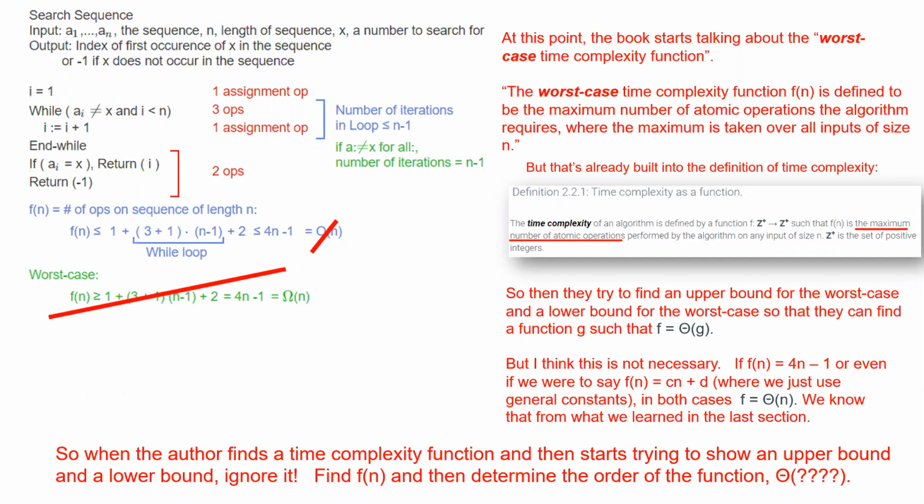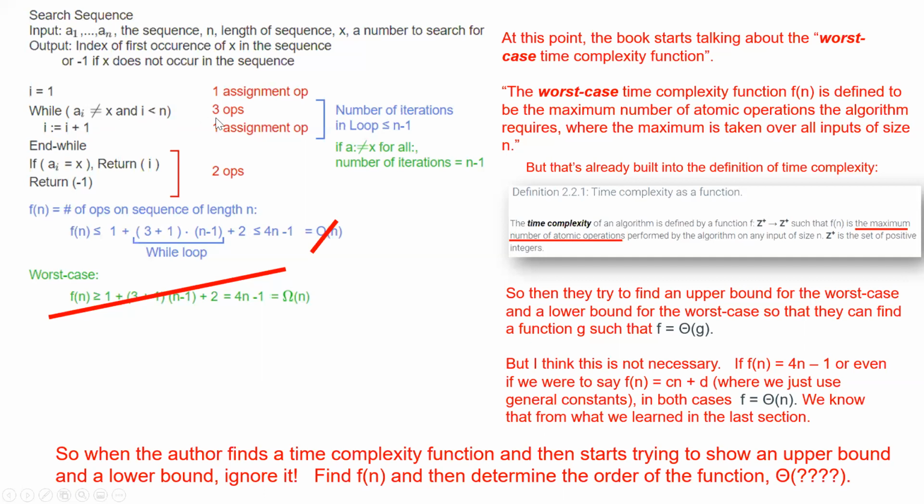The book, when they did this while loop, and they started assigning, this is back when they weren't using constants yet, like C and D, and they're just saying, okay, this is one assignment operation. Here, the while loop is going to see if it's not equal to, and then check if it's less than.